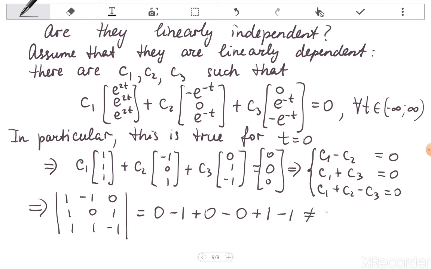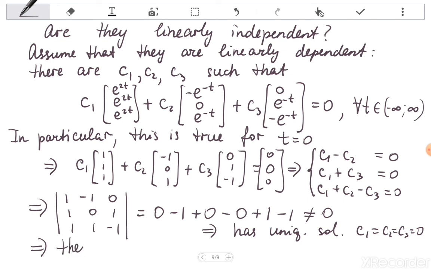So it's non-zero. So it means that the system has a unique solution, which is C1, C2, C3 all 0. So there are no non-zero numbers like this. It means that they cannot be linearly dependent, right? So it means that they are linearly independent.